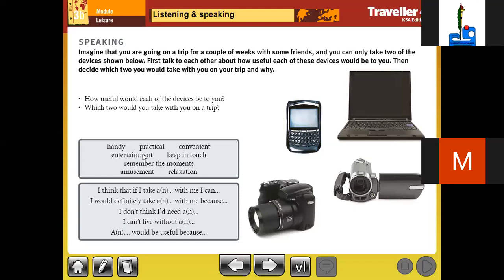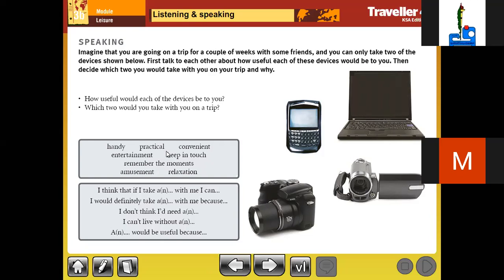Entertainment, we all know that entertainment means the activity of being provided with amusement or enjoyment, to have fun and to be immersed in amusement. يعني entertainment التسلية أو الترفيه. Keep in touch means continue to communicate with somebody، يعني يتواصل مع شخص.